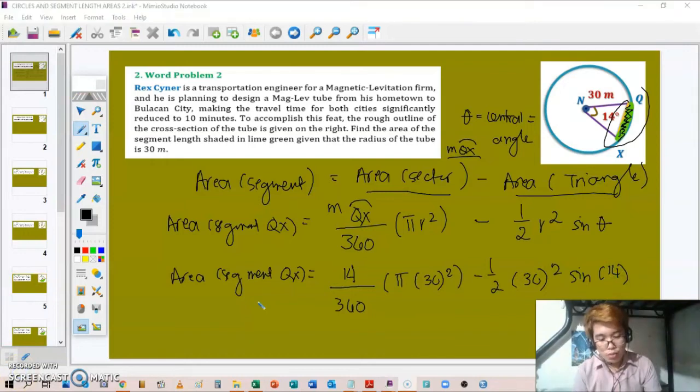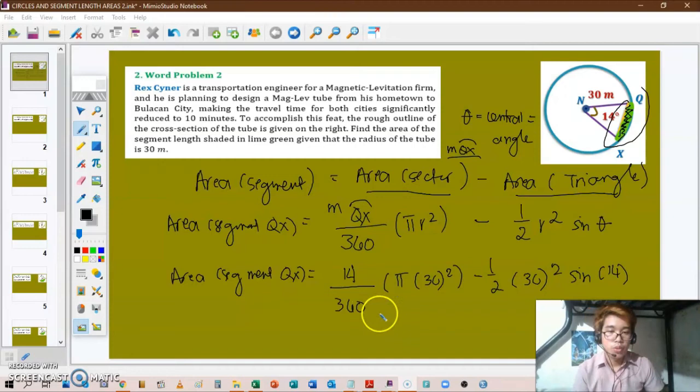Solving first for the area of the sector, this is going to be 14 over 360 multiplied by 900 pi, which gives us 35 pi. And minus 1/2 of 30 squared, which is 900 divided by 2, is 450 times sine of 14.